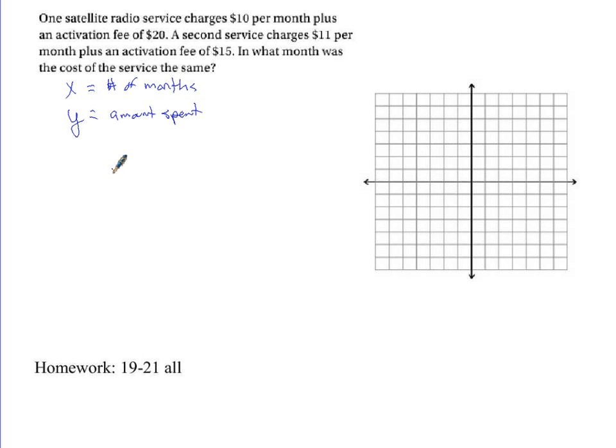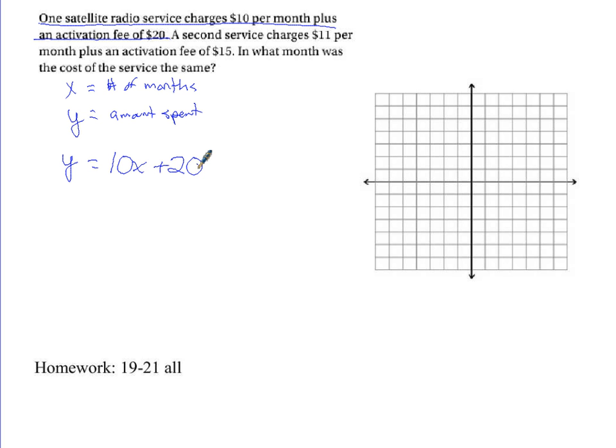Okay, that's the hard part. The rest of it comes straight out of the problem. So I'll underline for Sirius, I'll call this one my blue one. That's this guy right here. We need an equation for that. Y equals the total amount of money that I've spent equals $10 per month plus the $20 that they hit you with just to sign up and have the privilege of using them as your service.